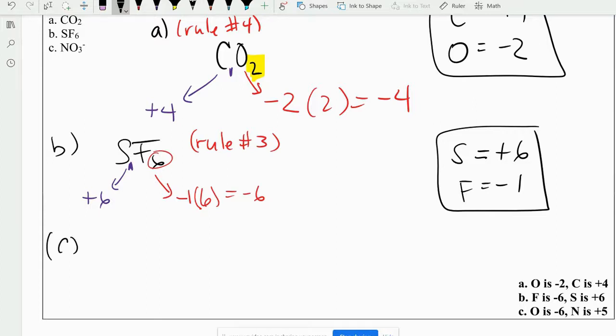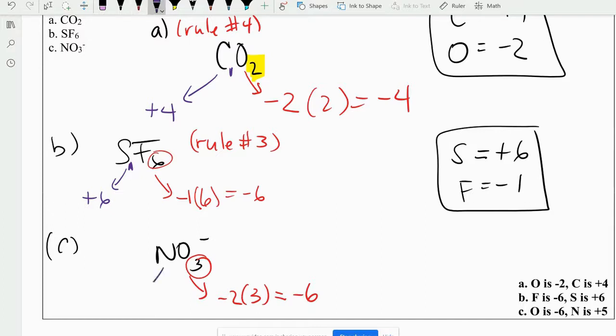We have an ion here, so NO3 -1. Our oxidation states in this case should sum a total of -1. Okay, where do we start? We know for sure, according to the oxidation rules, that oxygen is always going to form a -2. And because there's 3 of them, you're going to get a total oxidation state for the oxygens of -6.